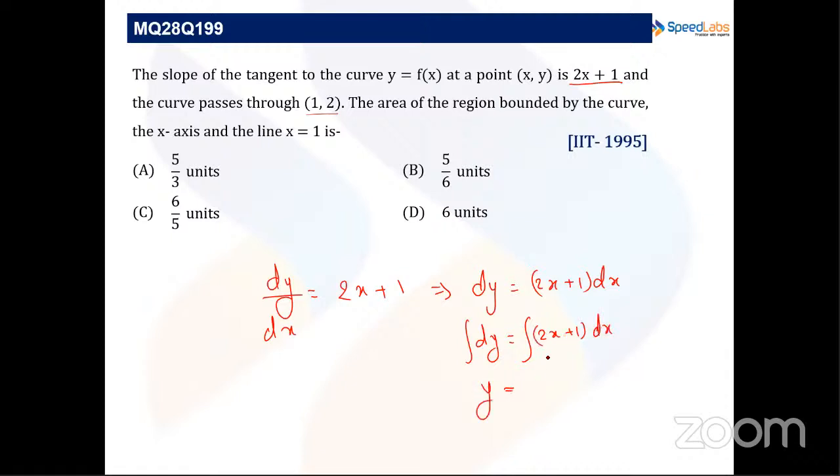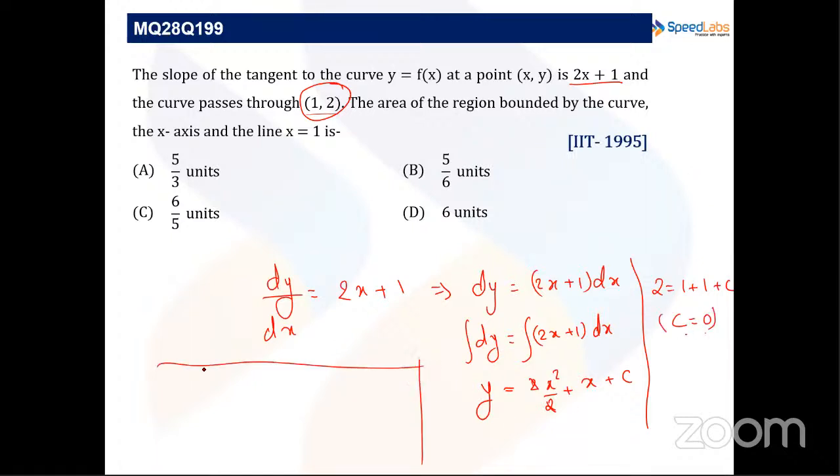So y will be equal to x square plus x plus c. Now it is also given that this curve passes through (1, 2). Satisfying this point, we have 2 equals 1 plus 1 plus c, so c will be equal to 0. So we have the curve y equals x square plus x.